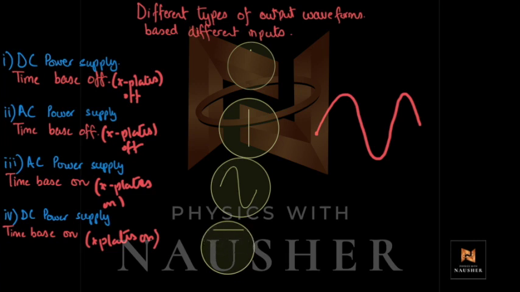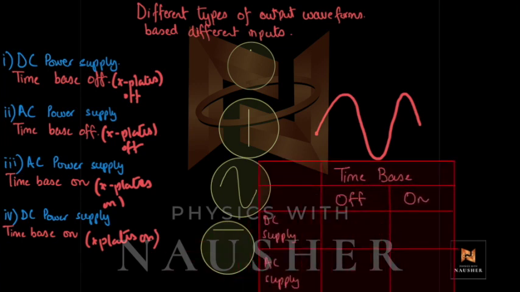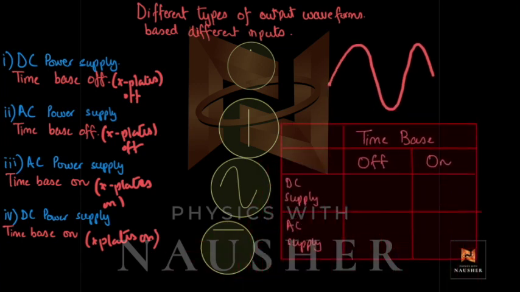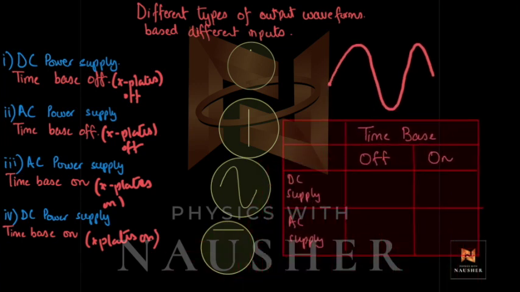So you can easily create this chart for yourself as a gentle reminder that if you have a DC supply and your time base is off, you will always see a dot. If you have a DC supply and your time base is on, time base could cause a horizontal movement, right?